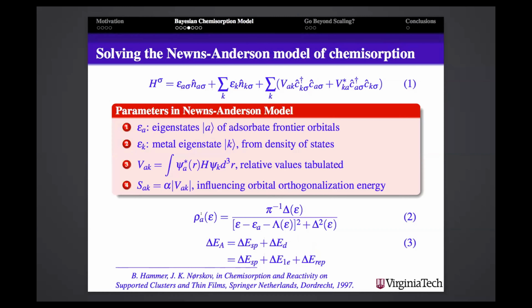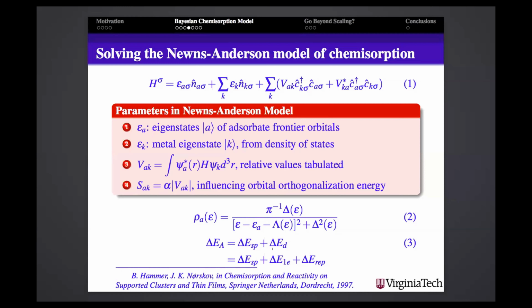There are two pieces of information you can get out of it. One is the density of states projected onto your adsorbate valence orbitals, and I have this formula here. Another piece of information you can derive is how strongly the adsorbate bonds to the surface, which includes the sp-band contribution and also the d-band contribution. The sp-band contribution, typically in the model, is assumed to be a constant value on transition metal surfaces.